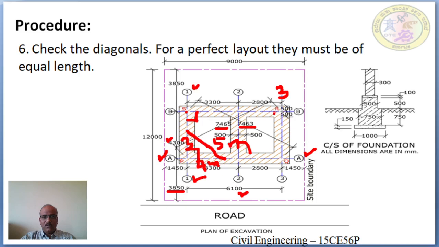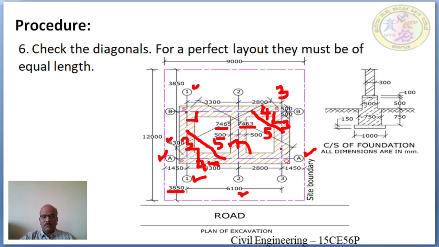At point R, again the right angle is established. The right angle is checked by taking a measurement of 4 meter on grid B, then 3 meter on grid 3, and the diagonal is checked and it should measure 5 meter.